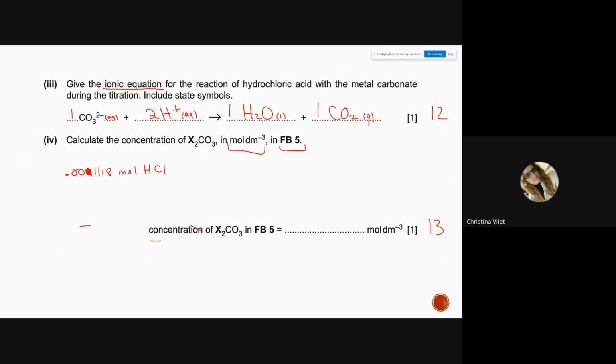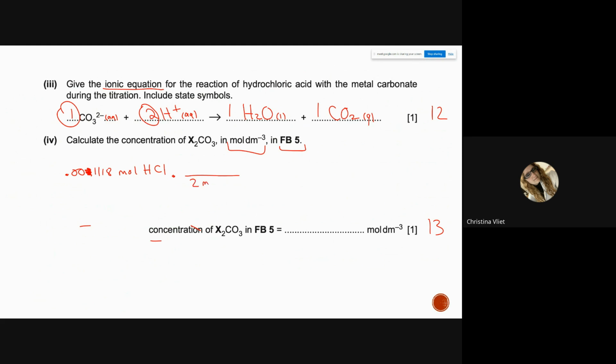So can I figure out, first of all, how many moles of X2CO3 this is equal to? The ratio right here: it's 2 of the acid for 1 of the carbonate. Are you okay with that? We're using the stoichiometric ratio, moles to moles. So this is where some students get lost.